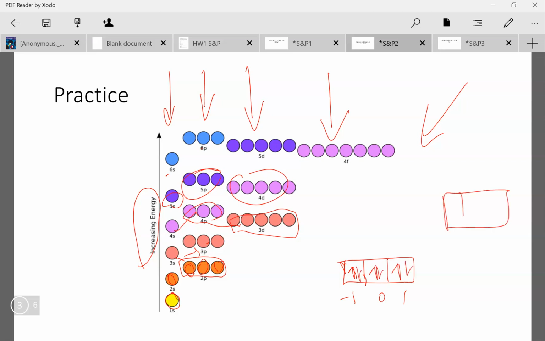I do not fill like 1, 2, 1, 2, 1, 2. Instead I go 1, 2, 3, 1, 2, 3. For a d orbital, I go 1, 2, 3, 4, 5, 1, 2, 3, 4, 5, instead of doubling up here and here. So I want each orbital to have at least 1 electron, and then I start doubling up. That's what Hund's rule says.